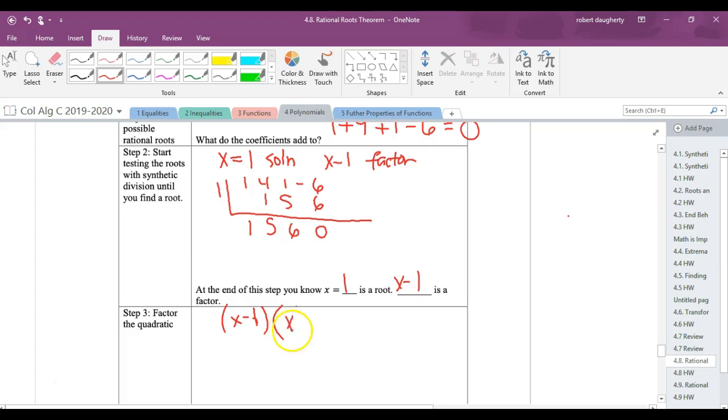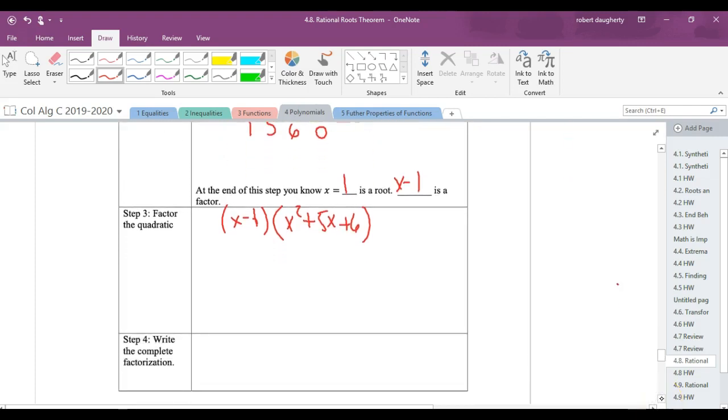X squared plus 5x plus 6. And then how do I factor x squared plus 5x plus 6? Yeah, numbers that multiply to 6 and add to 5. What are those? Yeah, 3 and 2. So this final answer is x minus 1 and what? Yeah, x plus 3, x plus 2. That's the final answer.